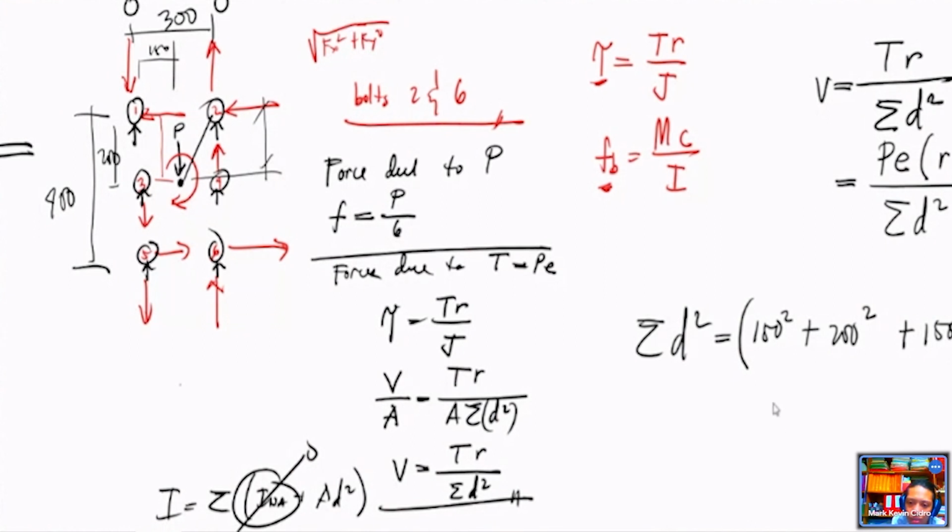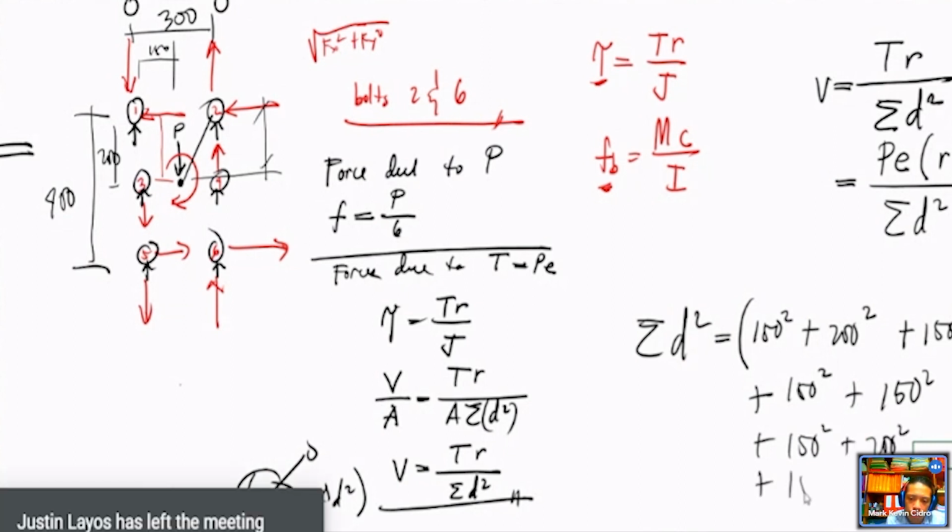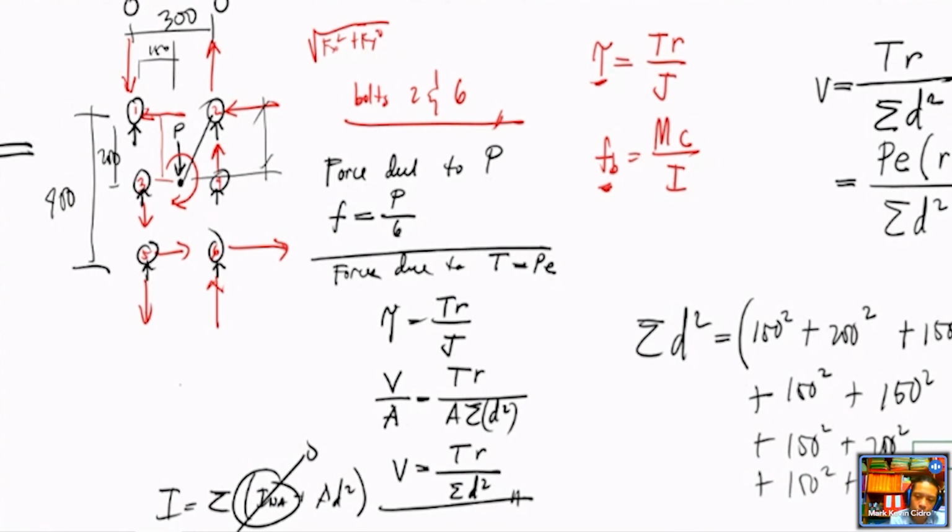Plus bolt 3: x is 150 squared, y is 0. And bolt number 4, 150 squared. Plus bolt number 5, 150 squared plus 200 squared. Bolt number 6, 150 squared plus 200 squared. Do you get it?